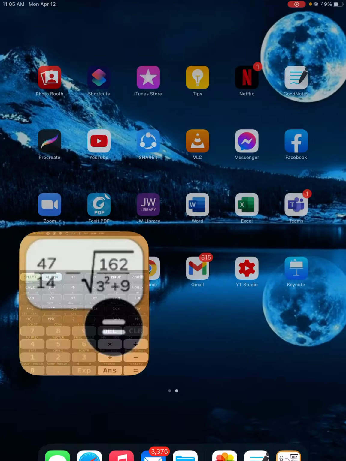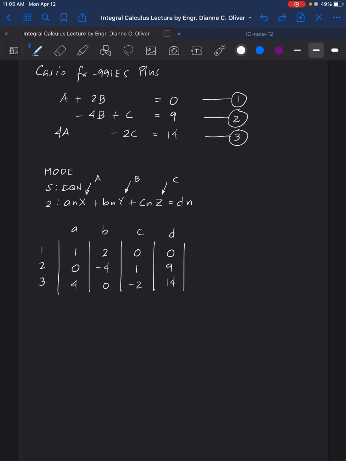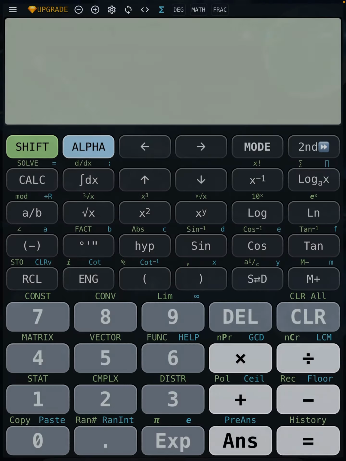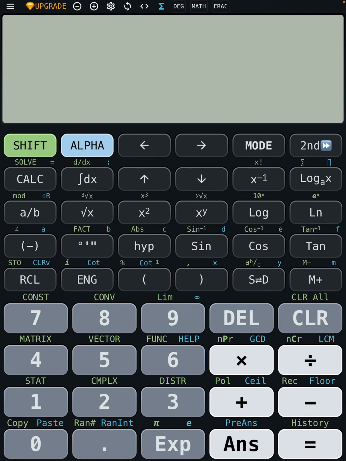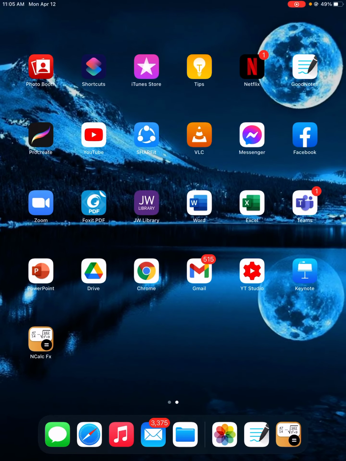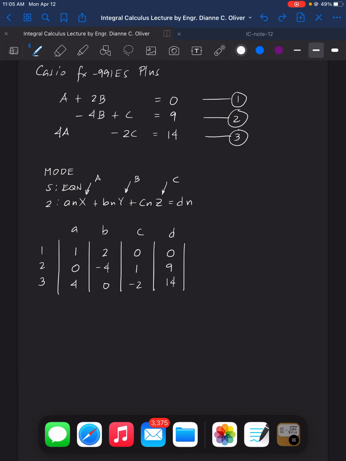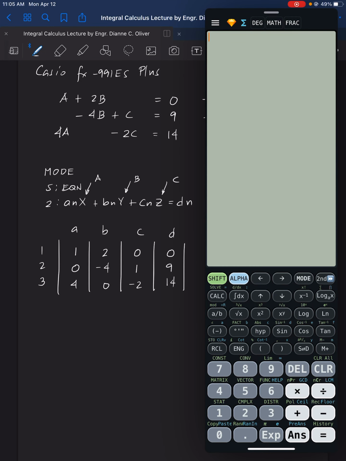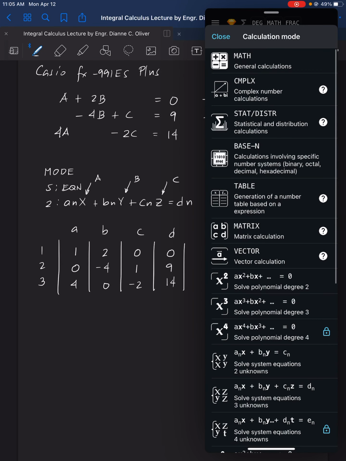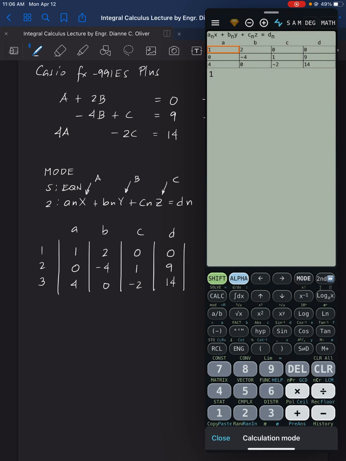Okay. So I click mode. Then I choose the one with the 3 equations with 3 unknowns.